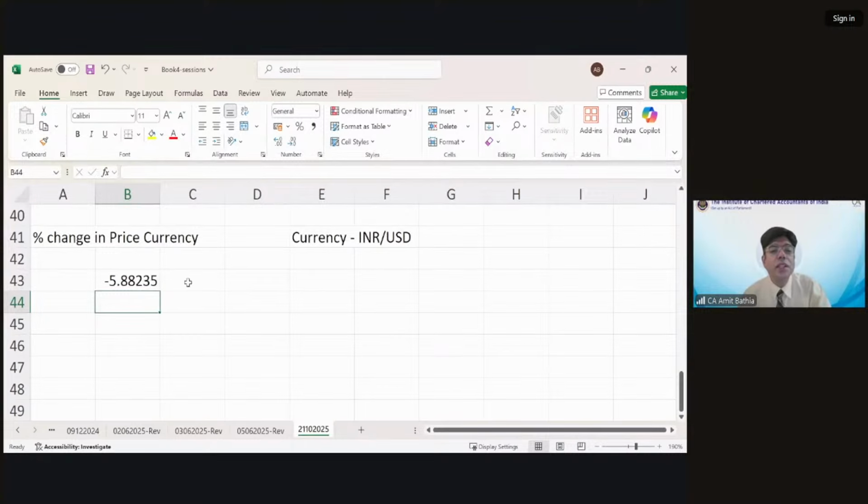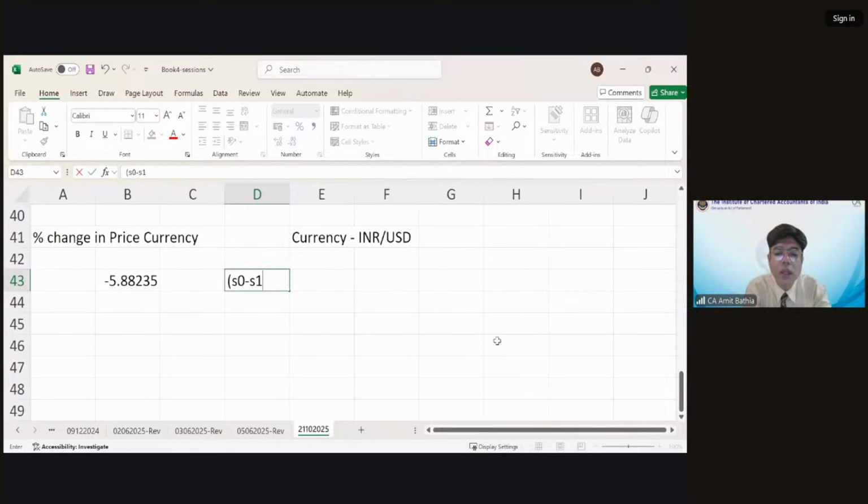In other words, this is also referred to in your chapter 10 as the spot rate. So you will call this S0 minus S1 upon S1.